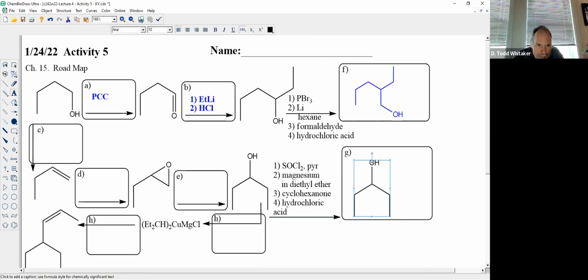Step 2 converts that to MgCl. Step 3, cyclohexanone gets attacked at the carbonyl. Carbonyl becomes an O-. Step 4, you guessed it, O- becomes OH.